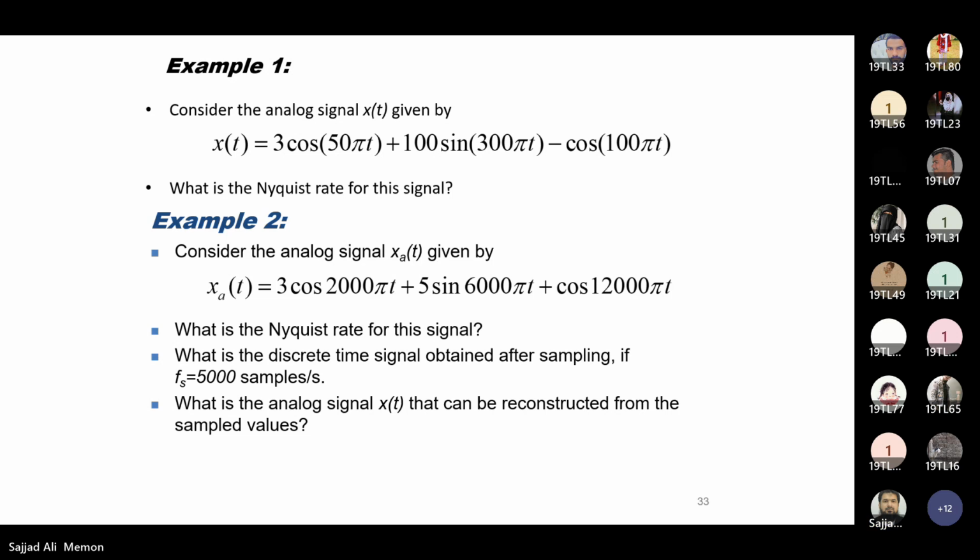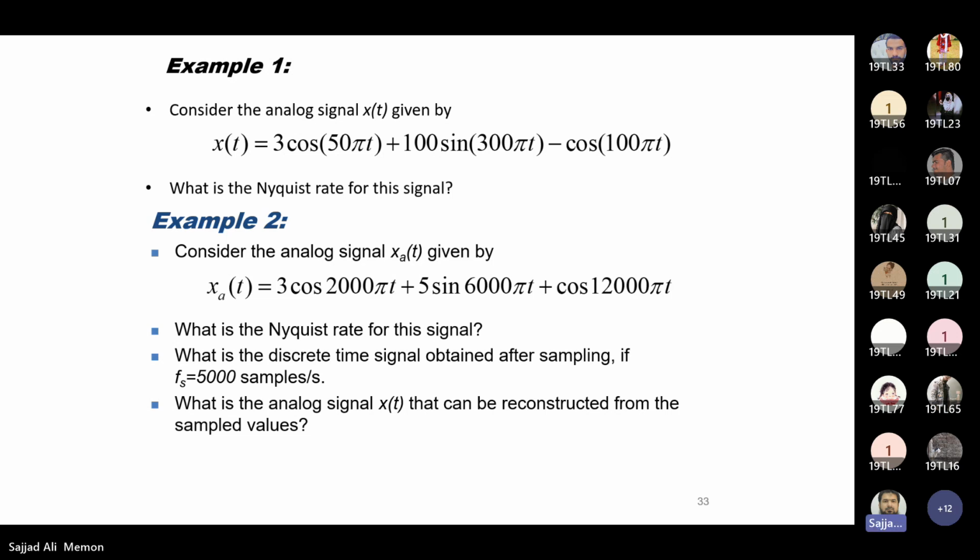Anyone else? For this given signal x of t, that is 3 cos 50 pi t plus 100 sine 300 pi t minus cos 100 pi t, what should be the Nyquist rate? Yes, 300 hertz is the correct answer, because the highest frequency component here is 150. This is 2 pi f t.